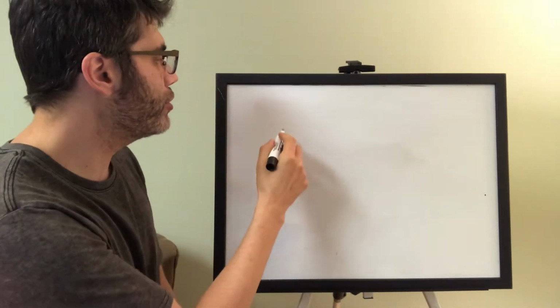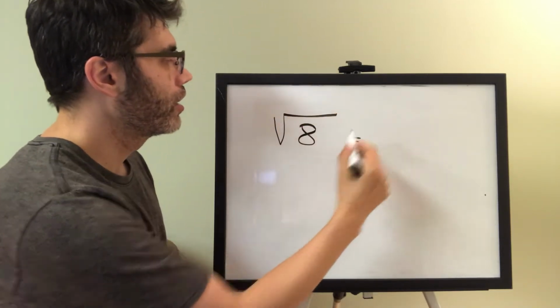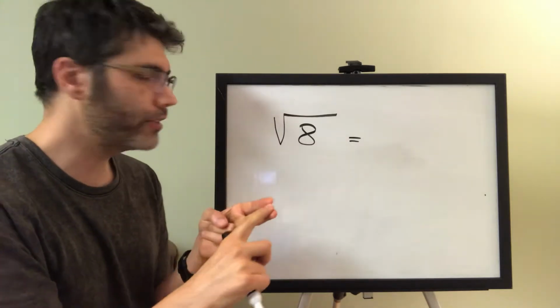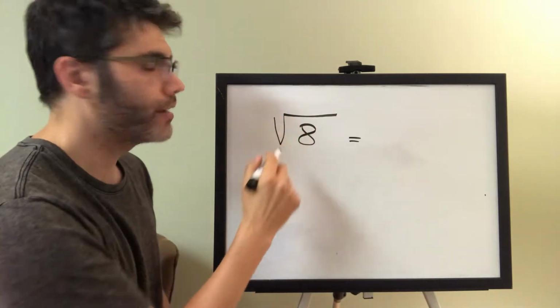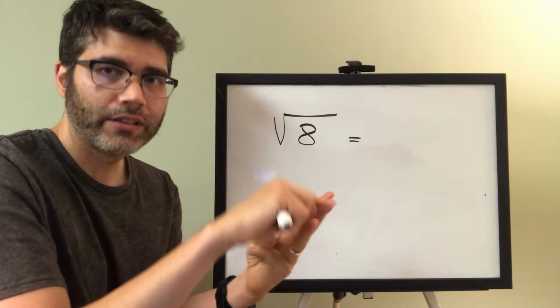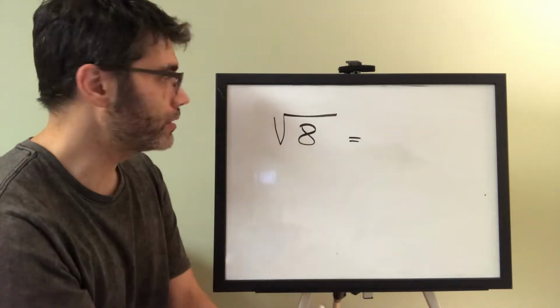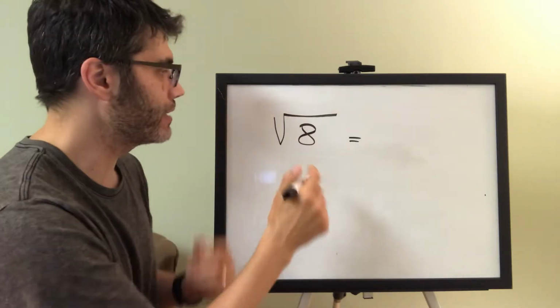How about this? Let's talk about cube roots. Cube roots are where we're not trying to think of two numbers multiplied against each other that equal the number inside here, but we want three numbers multiplied against each other to equal this. Three of the same number. So what times itself 3 times equals 8?